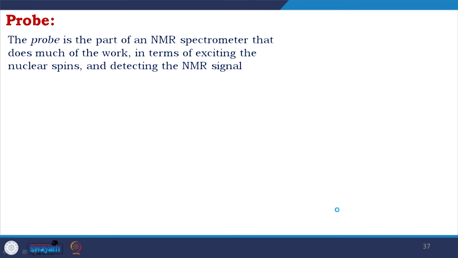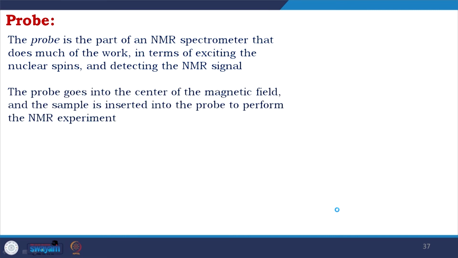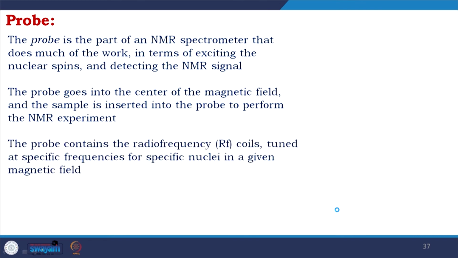Probe. The probe is the part of an NMR spectrometer that does much of the work in terms of exciting the nuclear spins and detecting the NMR signals. The probe goes into the center of the magnetic field, and the sample is inserted into the probe to perform the NMR experiment.